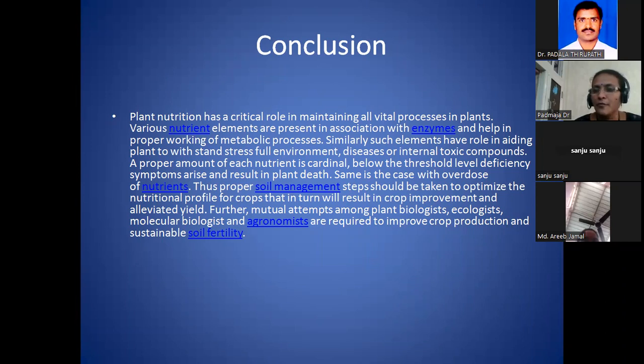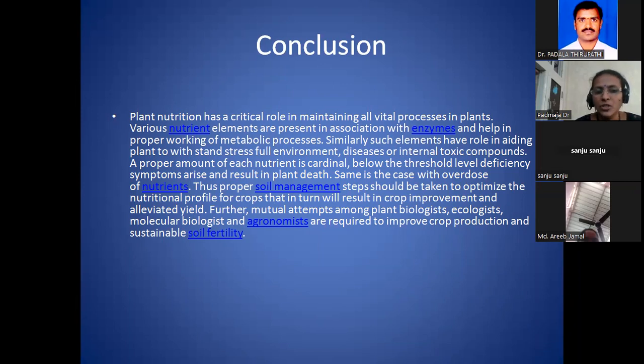They may be helpful for a number of metabolic activities like photosynthesis, respiration, nitrogen metabolism, the translocation of solutes, or the intake of water and mineral nutrients. These nutrients play a very important role in the plant survival and the sustainable growth of the plants.